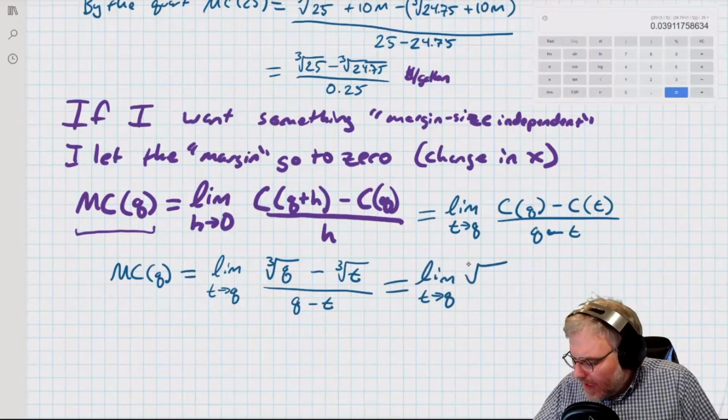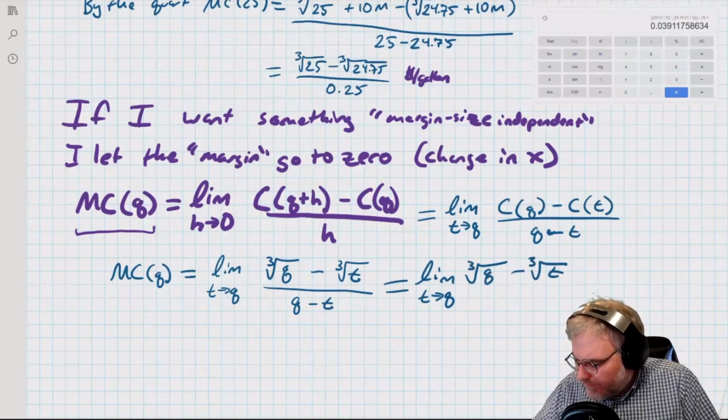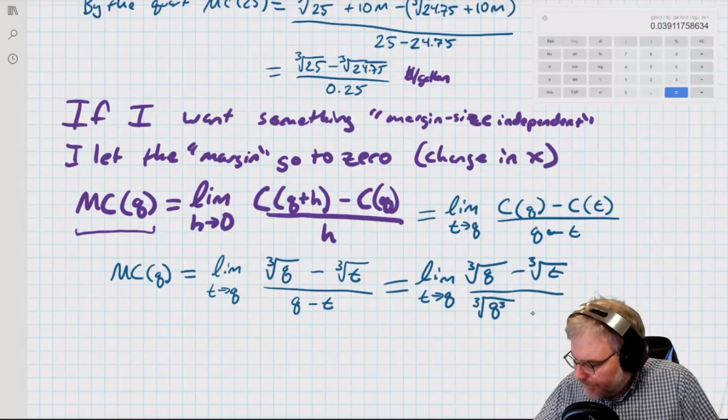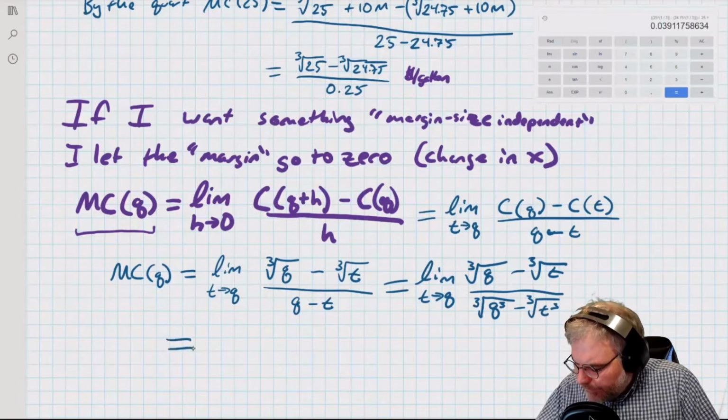As a matter of fact, every time I use it, I have to rederive it for myself because I never remember what it is. But this q here, I could think of as the cube root of q cubed. And I've done this a few times. And what I wind up with is the limit as t goes to q. Now, the formula that you could remember is a cubed minus b cubed.